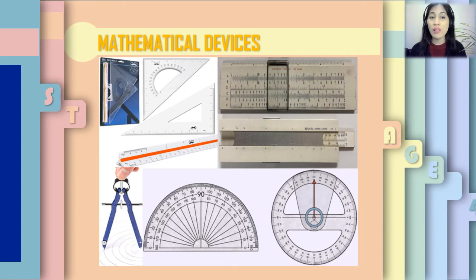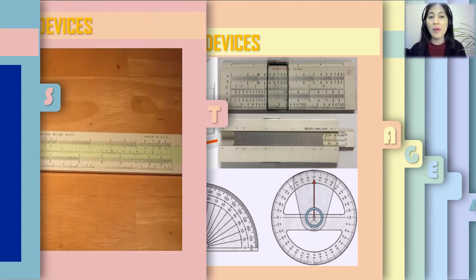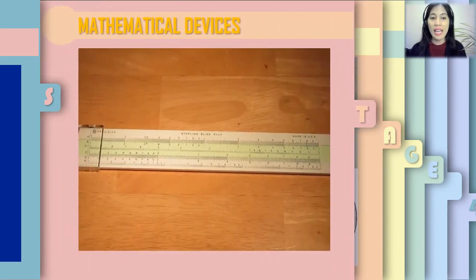We also use triangle, scale ruler, slide rule if you do have one, protractors, and compass. Now, I am going to share a video on how to use a slide rule.